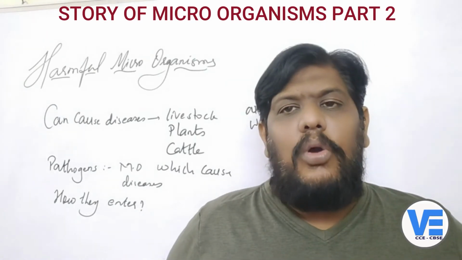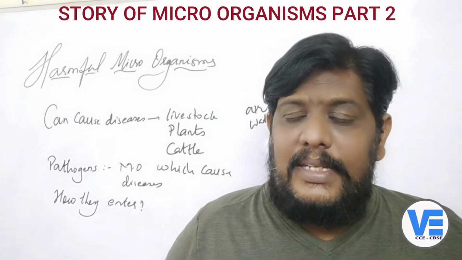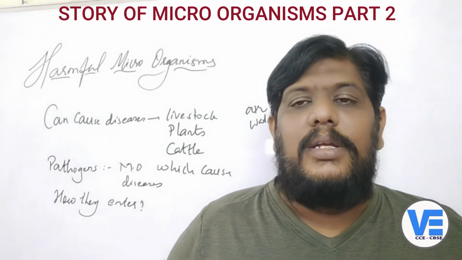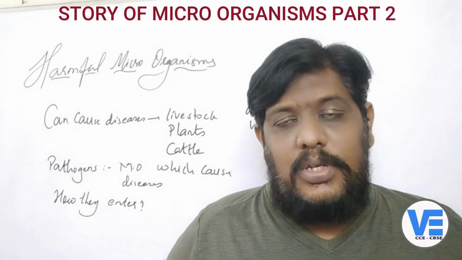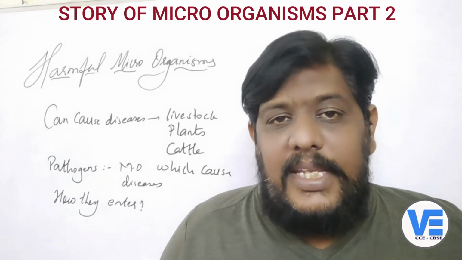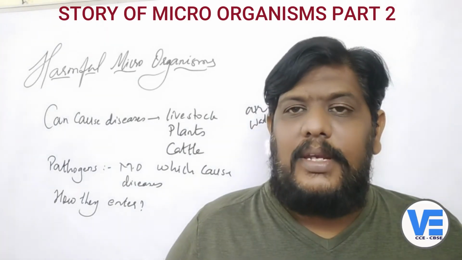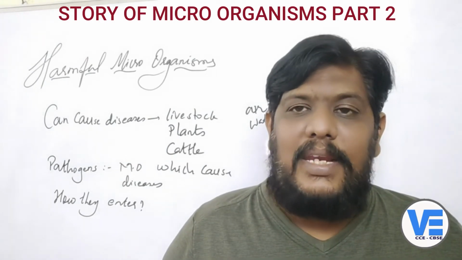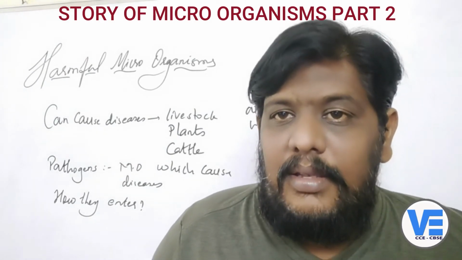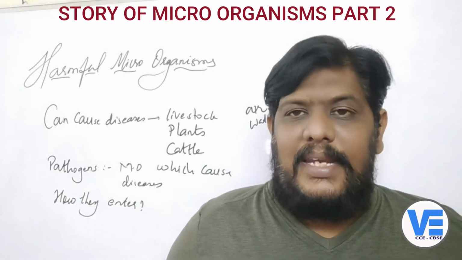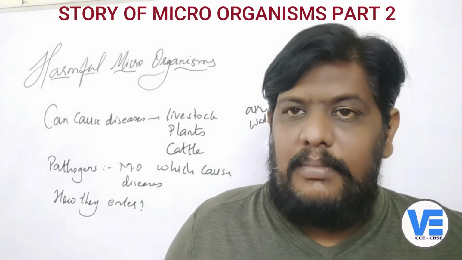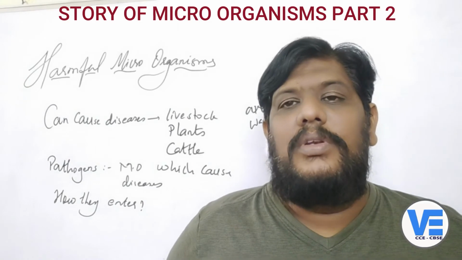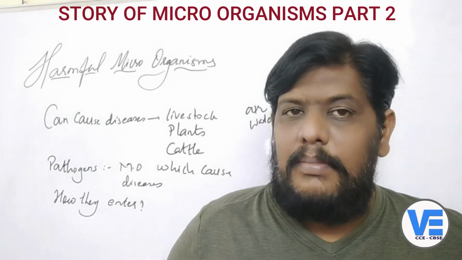So the microorganisms are carried in the insects. That means the insects carry the microorganisms, and they are usually called vectors. One example you can take is the microorganism called the plasmodium parasite, which causes malaria. It's a microorganism which causes a deadly disease called malaria.